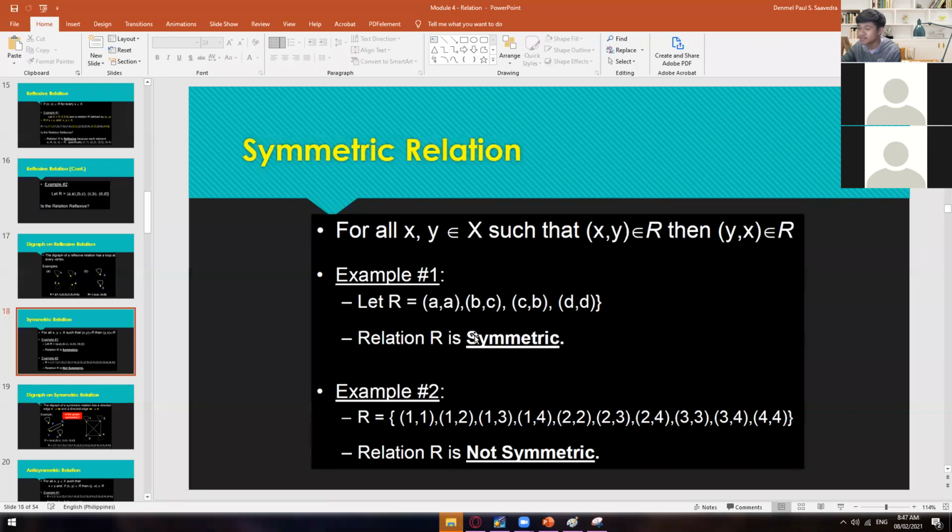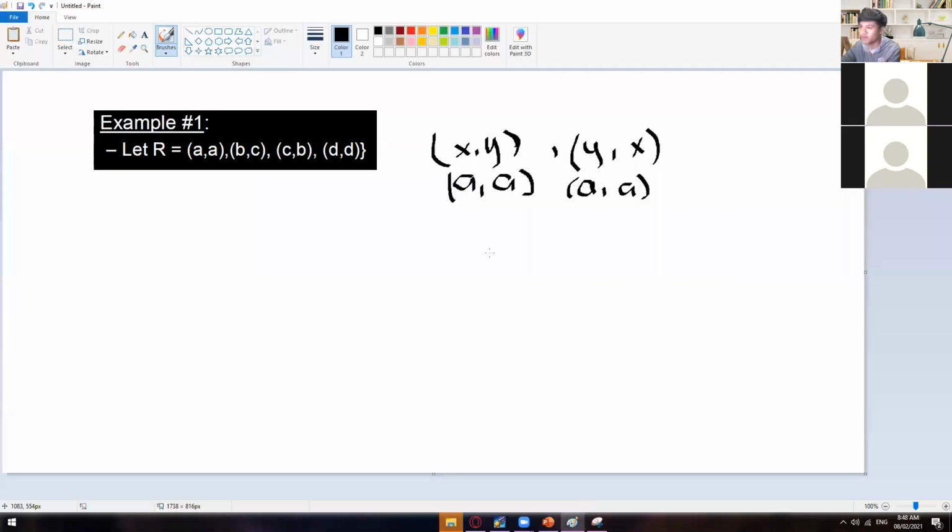This example 2? We're not there yet. We're still in example number 1. I'm just explaining it step by step on why this (a,a) is already reflexive and symmetric at the same time.